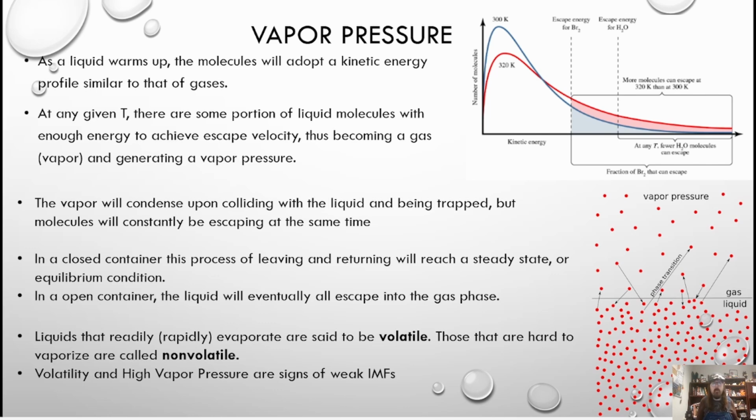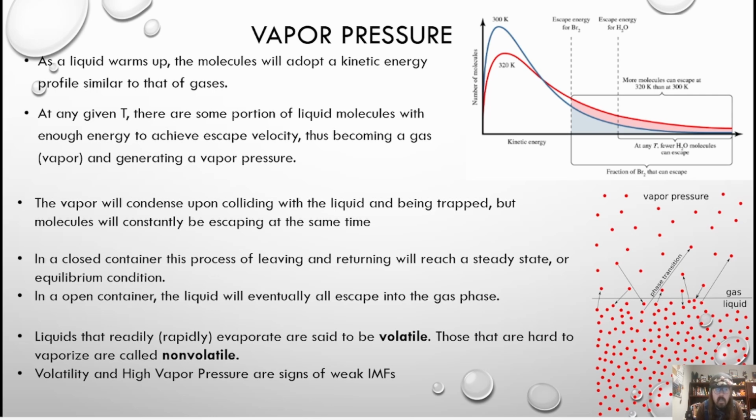Gases dissolve into liquids because gas molecules like oxygen and nitrogen hit the liquid and get stuck for a time, but they will also come out again. In a closed container, this process of leaving and returning will reach a steady state, which we call an equilibrium.